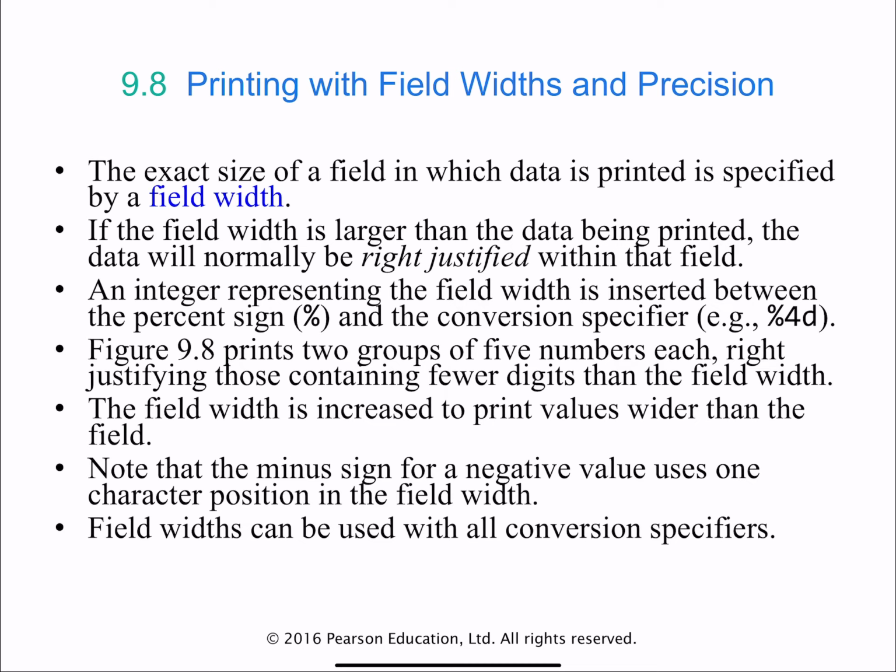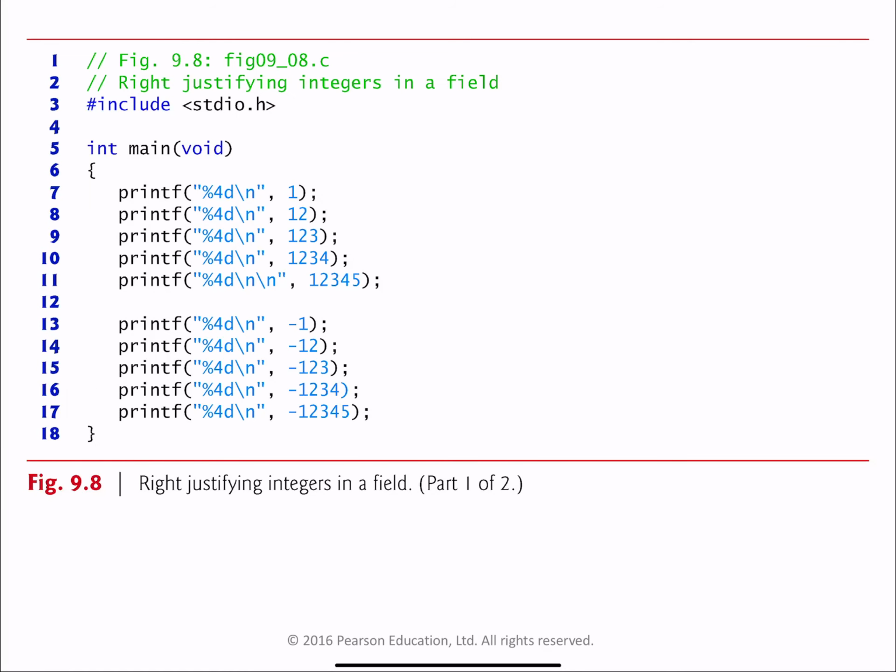Then you can print out numbers specifying the field width, like how many characters long the number should take up. So over here, we're printing out initially a 1, 2, 3, and 4-digit number, all decimal numbers, with a field width of 4. We're saying they should be allocated 4 characters on the screen.